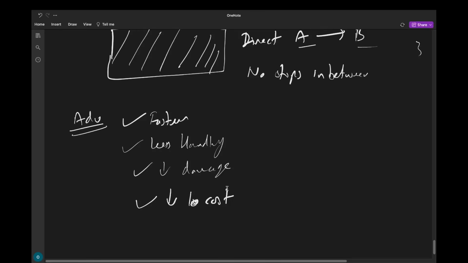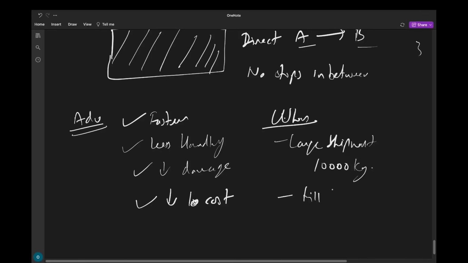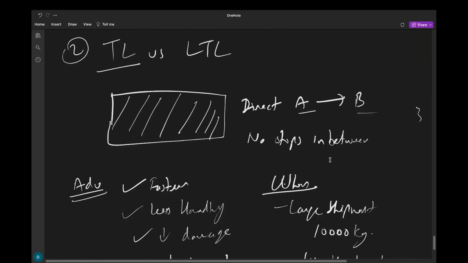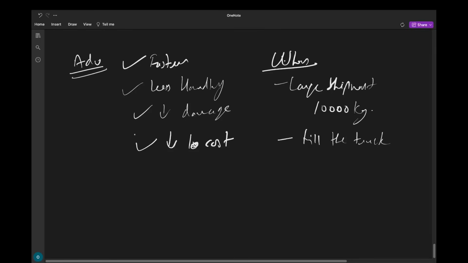And when should it be used? When we have a large shipment. Say suppose we have 10,000 kg. Okay. And when we can utilize the complete truck, when we can fill the truck. So that was truckload, when we directly book a truck and it will go from point A to point B.